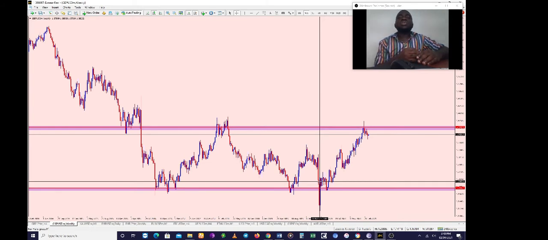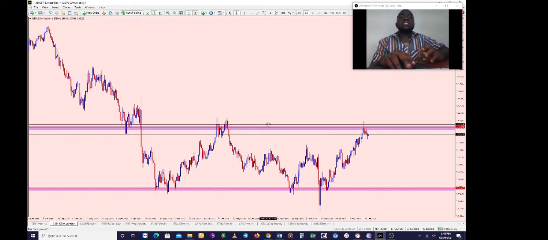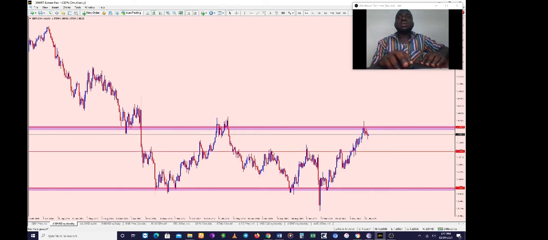All right, guys. So this is so much of importance. Let's go to the daily time frame. Even in the weekly time frame, when we look at this level, I can see support and resistance, and finally price breaks through.